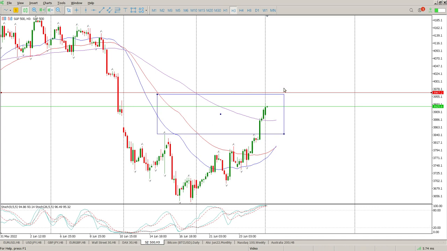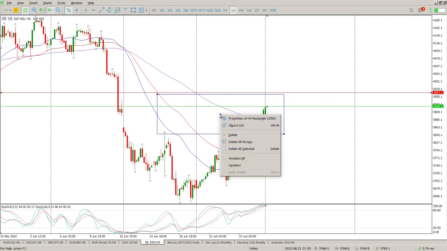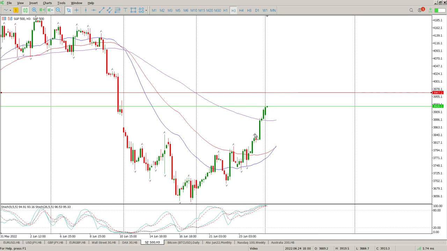But if you have a look at where the target is to the upside, it lines up with this weekly support, so pay attention to that area. Don't like the way the oscillators are at the moment, so I'm definitely not looking to be long with the oscillators like that. And we do have a bit of a crossover on those faster moving averages, but as far as I'm concerned, that is not something I want to be involved in.